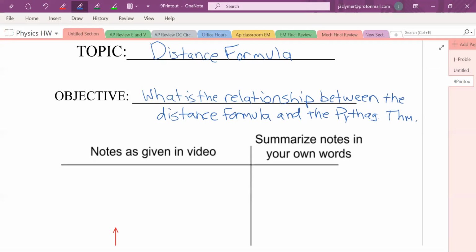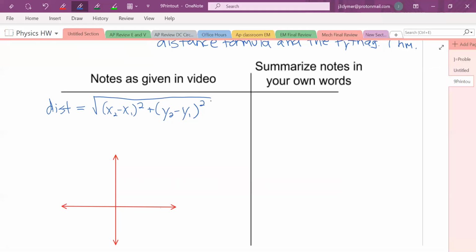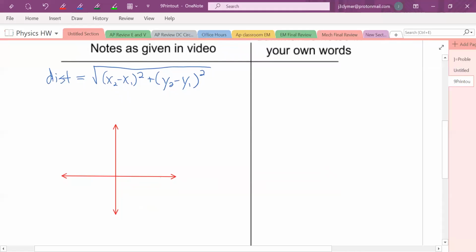All right, so first let's look at the distance formula and what it is. Okay, the distance formula looks something like this. It equals the square root of x2 minus x1 squared plus y2 minus y1 squared. It's a formula we use when we want to find the distance between 2 points on a coordinate axis. So I already have a coordinate axis drawn down here. What happens if we have 2 points somewhere within this plane?